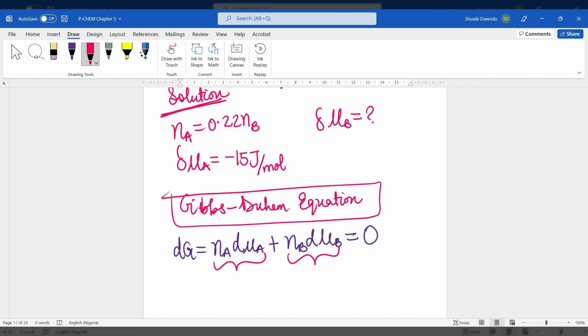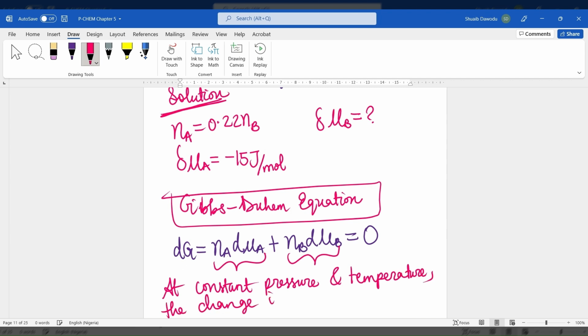For component A, we multiply the number of moles of A by its change in chemical potential, and add that to the product of the number of moles of B and its change in chemical potential. All of this equals 0. It's important to note that at constant pressure and temperature, the change in Gibbs energy equals 0.